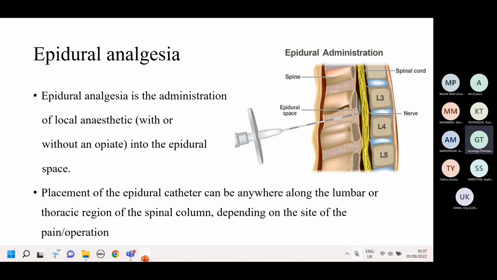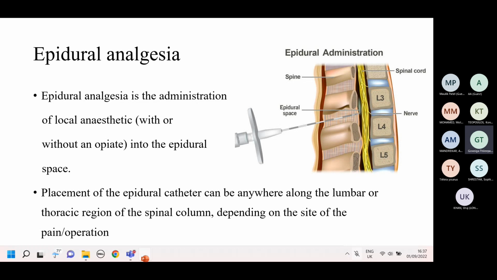What do you know about epidural analgesia? It is the administration of a local anesthetic, with or without opioid, such as the addition of fentanyl, into the epidural space. The epidural space extends from the foramen magnum to the sacrococcygeal ligament. It contains loose areolar tissue and nerve fibers, sympathetic and motor sensory fibers.